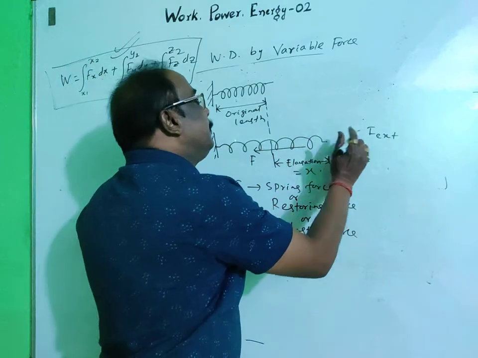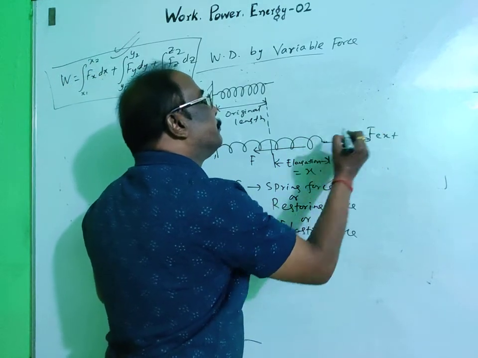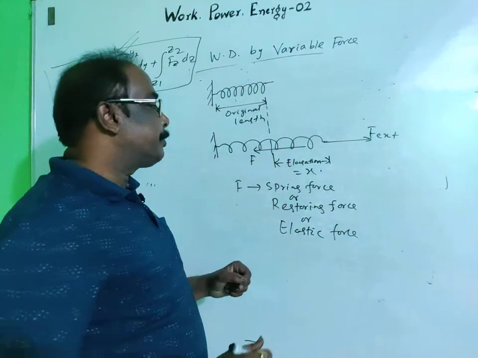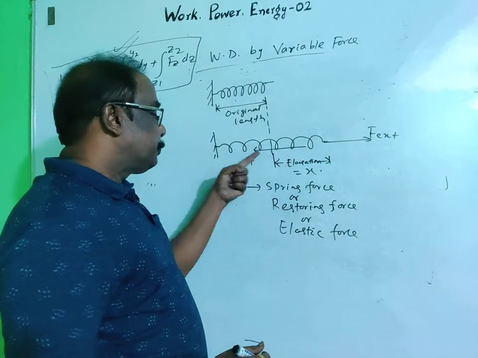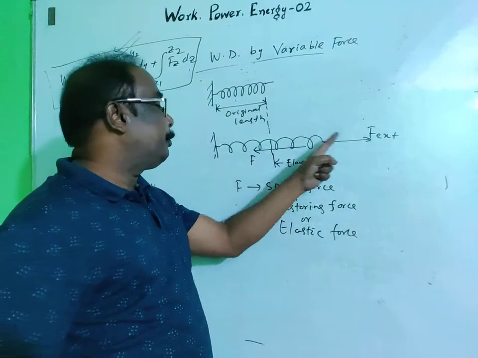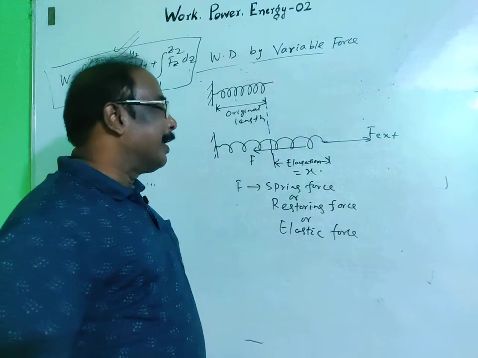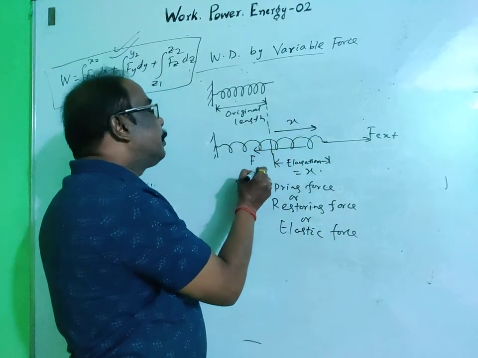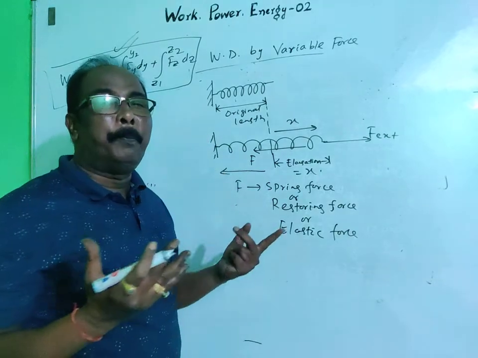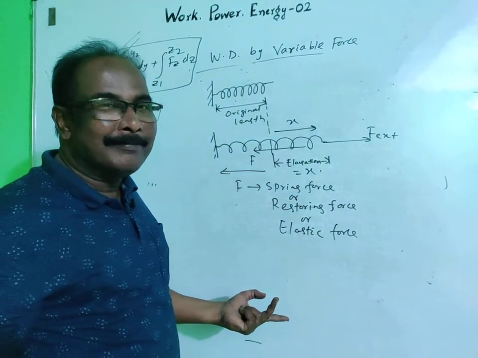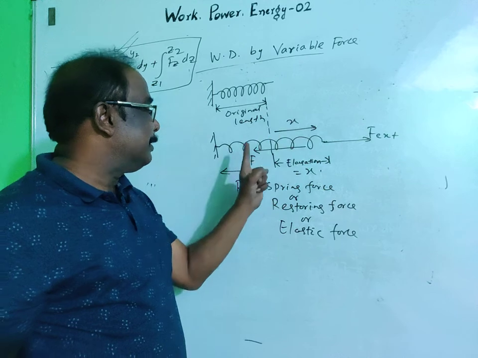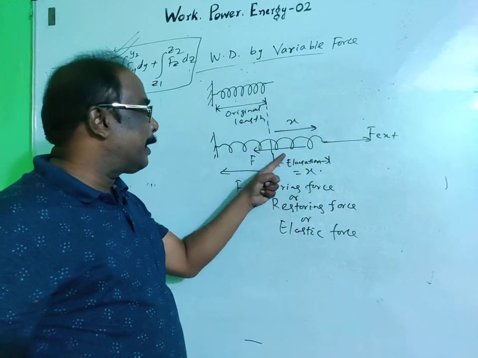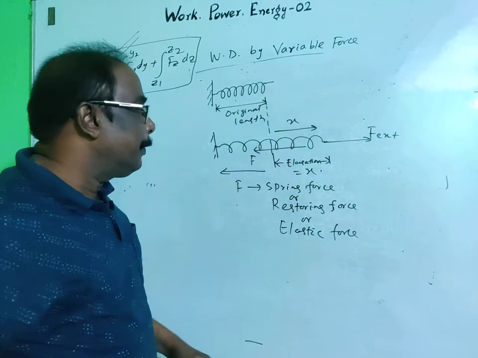This is the deforming force or external force which deforms, elongates the spring, and the spring force acts opposite to the direction of the external force. See, elongation is in this direction, but the force is acting in the opposite direction. So if this force is removed, then this restoring force will bring the spring back to its original configuration.